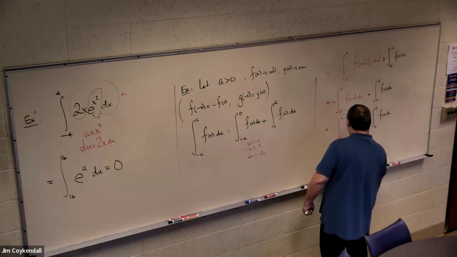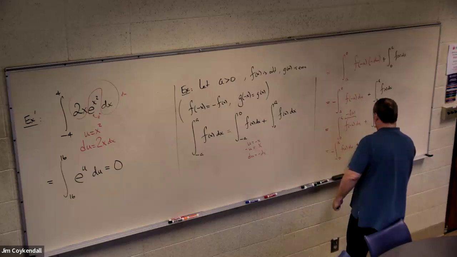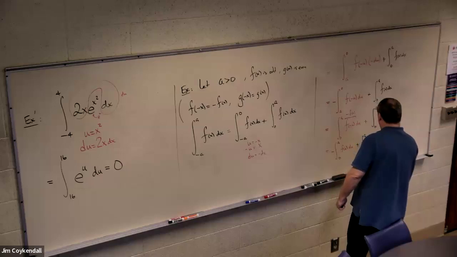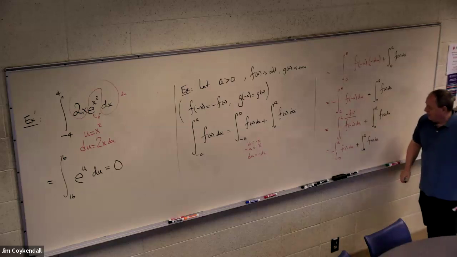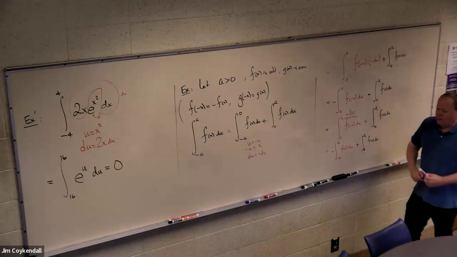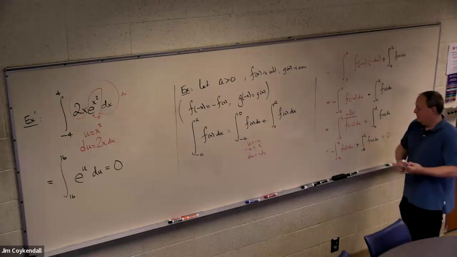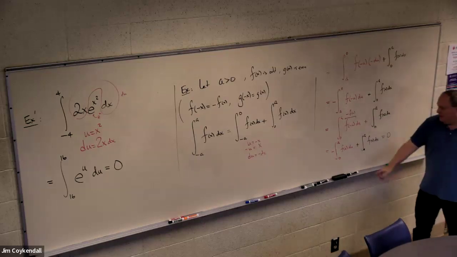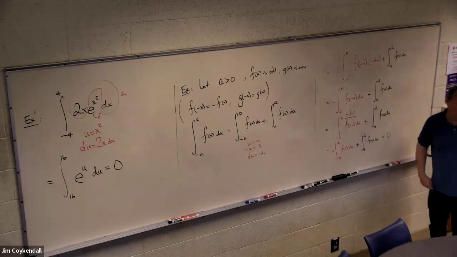I'll pull that minus sign up front. This is integrate f from 0 to a. This is minus integrate f from 0 to a. Because the red integral and the black integral are the same thing, you subtract the red integral from the black integral.